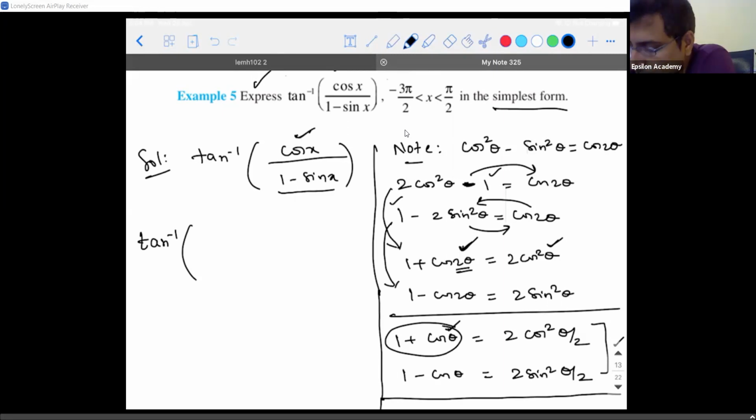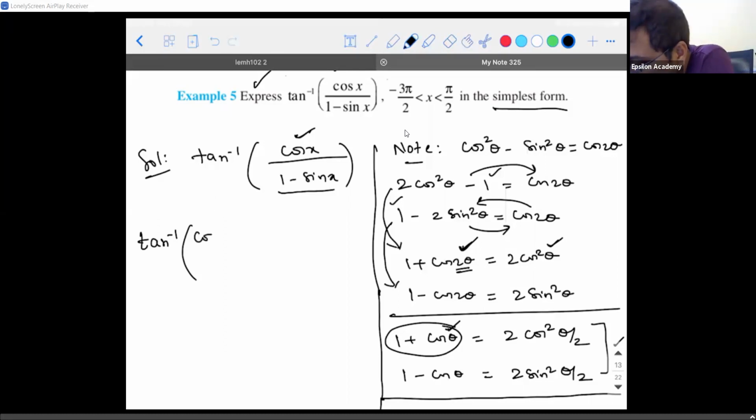See, if cos 2 theta is cos square theta minus sine square theta, then what is cos theta?